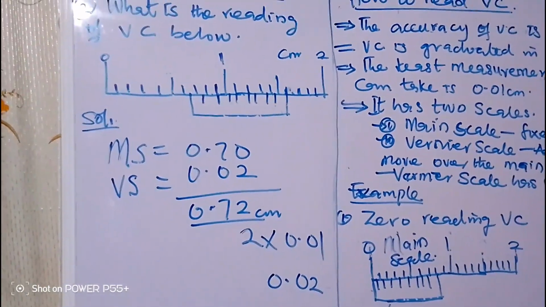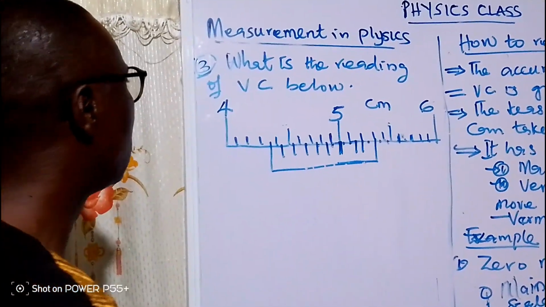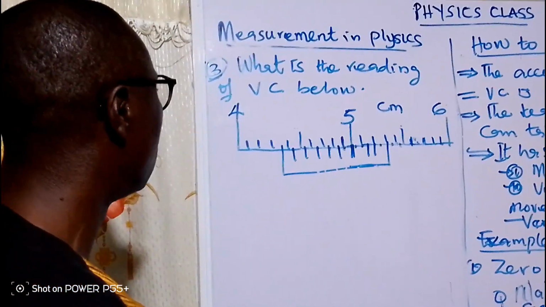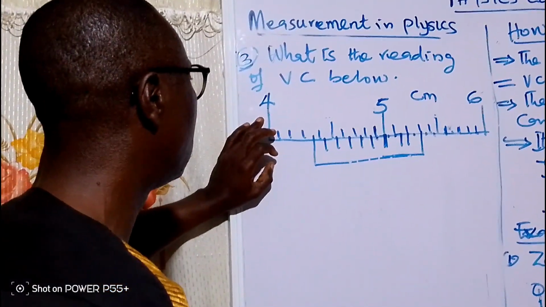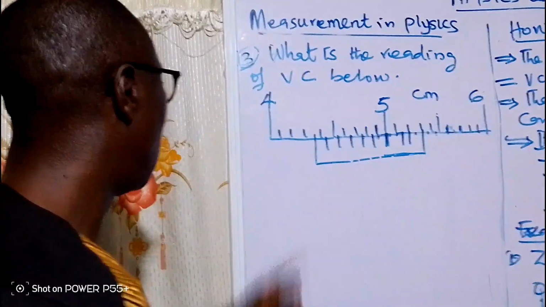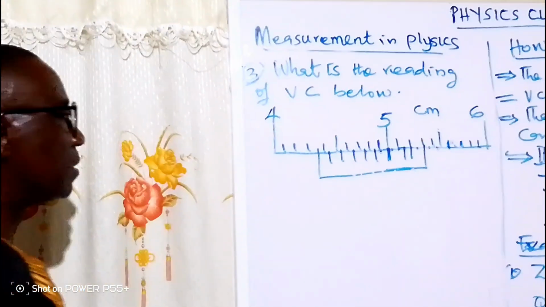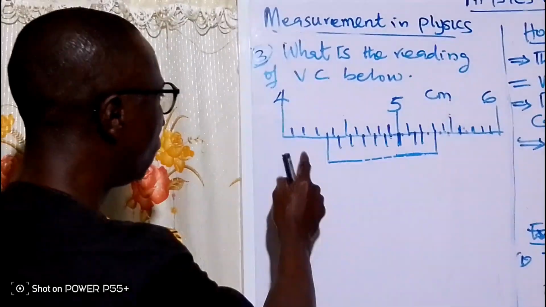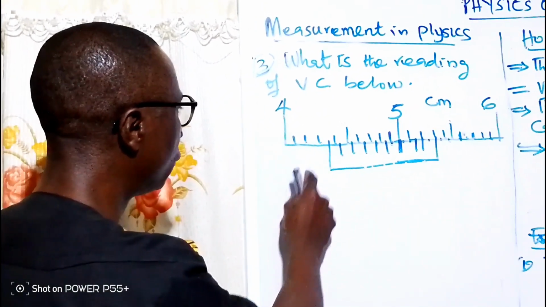Now from this sample 3, what is the reading of the vernier caliper below? Here, the main scale is 4, 5, 6. Let's look at the zero arm of the vernier scale. Let's count: 4.1, 4.2, 4.3, 4.4.